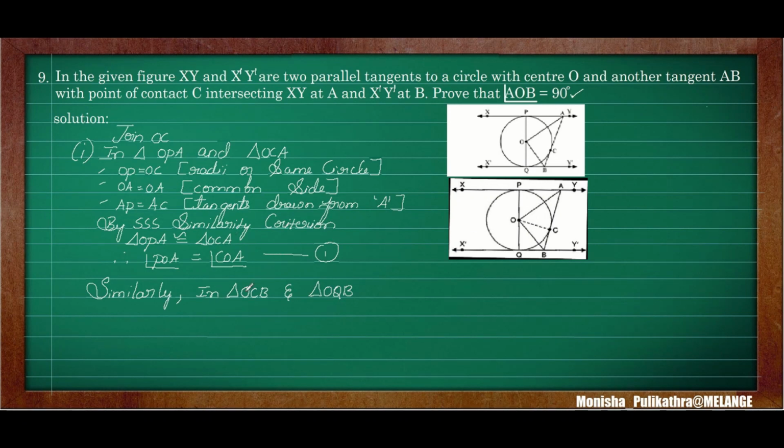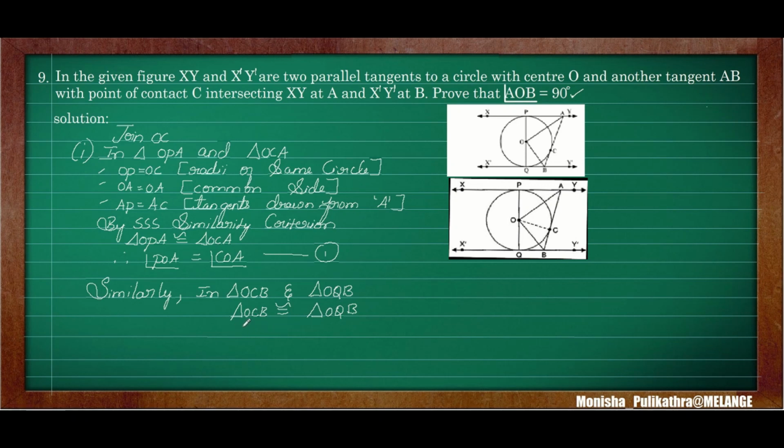Okay. So similarly triangle OCB is congruent to triangle OQB. If it becomes congruent, then what happens?